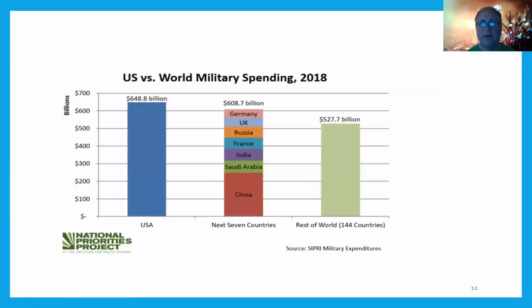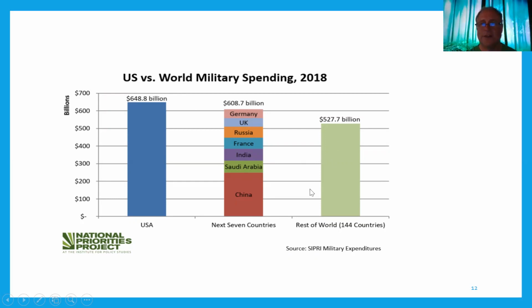When we compare the US to other countries around the world in military spending, you can see that the next 7 countries, Germany, the UK, Russia, France, India, Saudi Arabia, and China, do not collectively spend what we spend on the military.